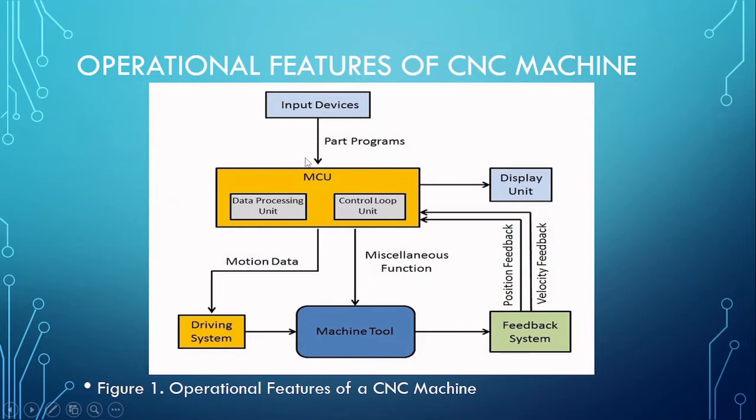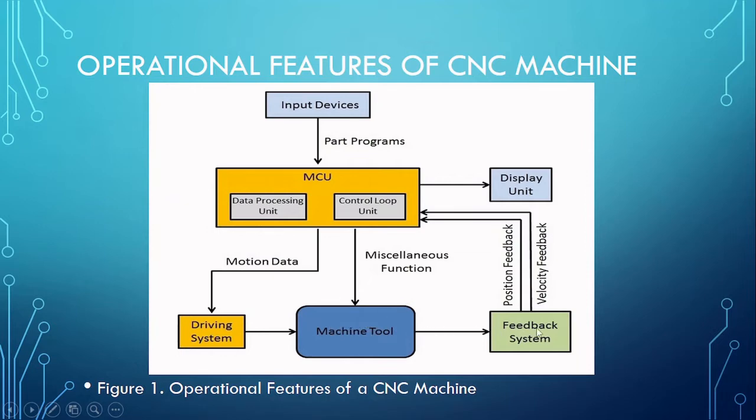Now, the MCU here, which is the machine control unit, is with the CNC machine, and the MCU is divided into 2, which is the data processing unit and the control loop unit. So from the MCU, the motion data goes to the driving system of the CNC machine, and also miscellaneous functions such as coolant on, coolant off, spindle on, spindle off. They also go to the machine tool.